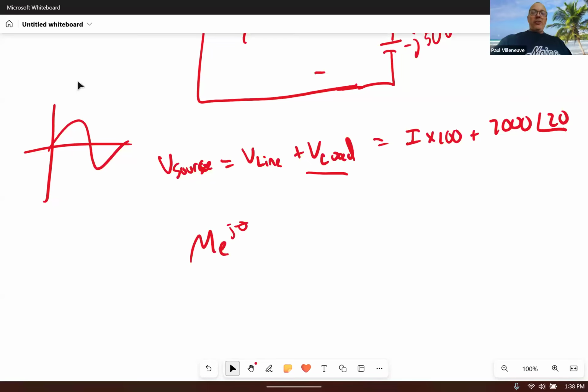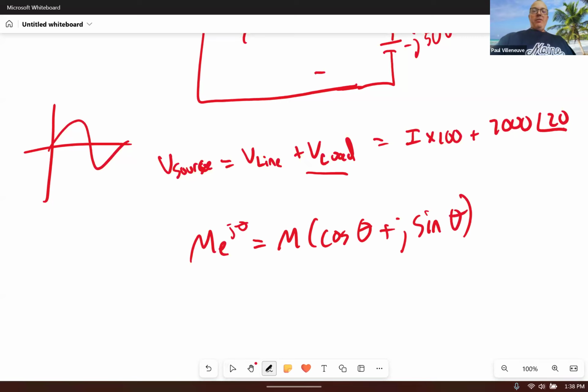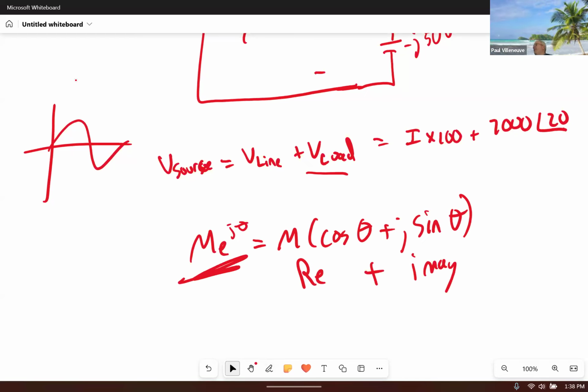But Euler's or Euler's identity, depending on who you ask, is M cosine theta plus J sine theta, which is equal to the real part plus the imaginary part. So you use Euler's identity to enter any complex numbers in MATLAB.